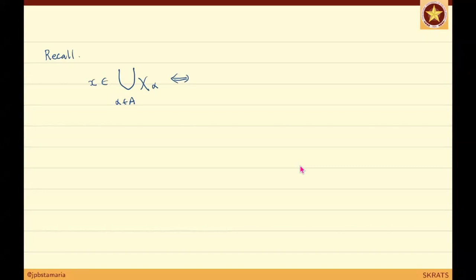Nandyan si x sa union if there exists some alpha in A such that x is in x alpha. Yan ang meaning ng si x ay nandyan sa union. Kung merong isang index where x is found in one of the sets in the collection with that index. Did you understand? There exists.